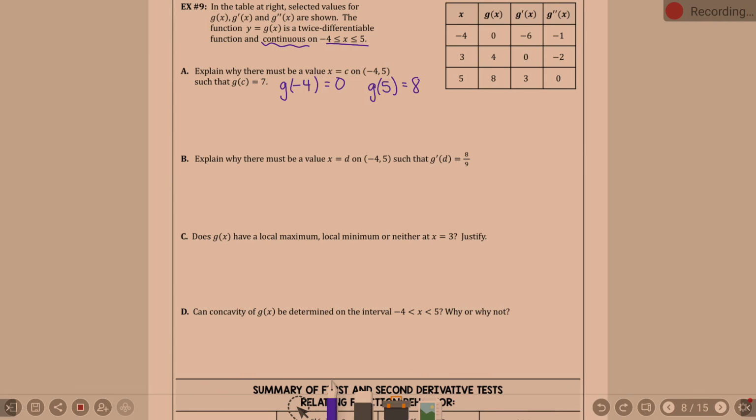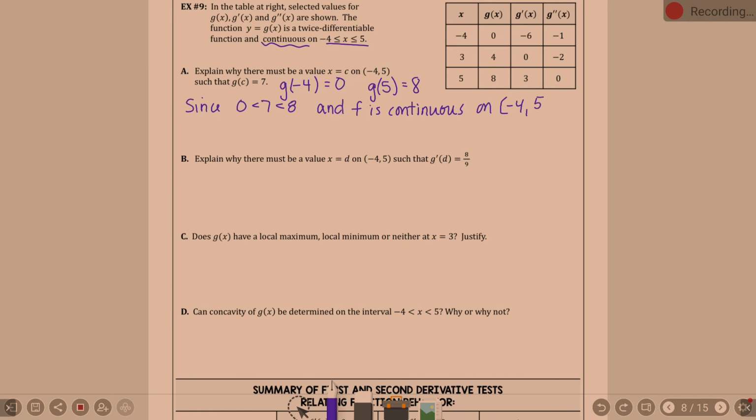And so mine says, since 0 < 7 < 8, that's basically saying since 7 is between 0 and 8. And the other restriction, since g is continuous, you need to state that. And it's continuous on the interval [-4, 5].